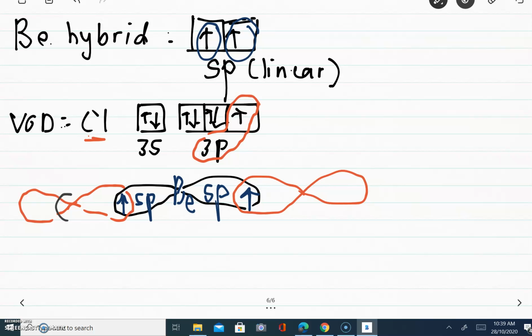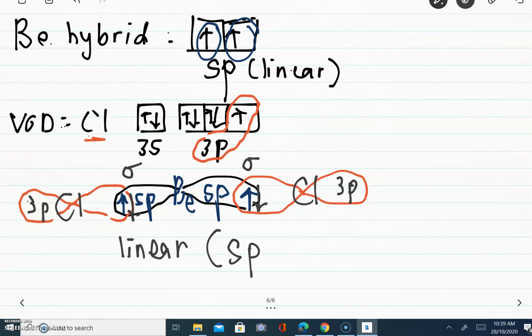Our terminal atom is chlorine, and the unpaired electron of chlorine overlaps end to end to form a sigma bond, similar for this part. Sigma bond, and label the orbital involved, the 3p orbital. Therefore, the shape of the orbital here is linear and the type of hybrid is sp orbital.